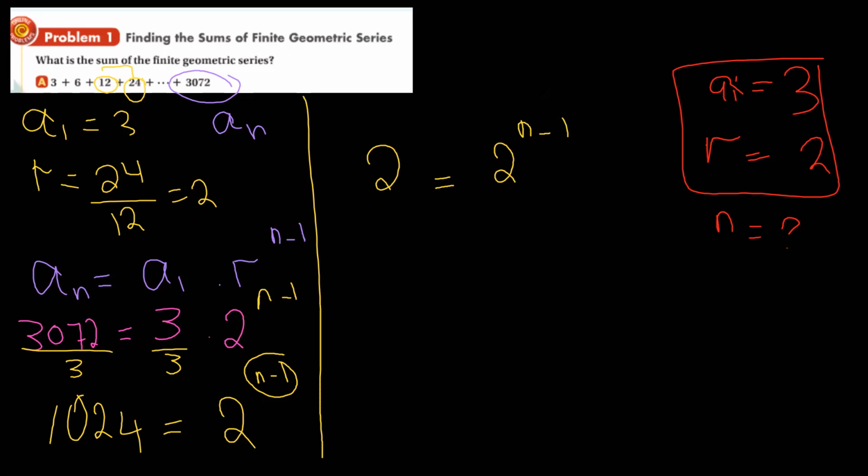So I will ask myself a question: what is the number that if I raise 2 to it, I will get 1024? Who can tell me? 2 raised to 10. Thank you. 2 raised to the power 10 equals 1024.